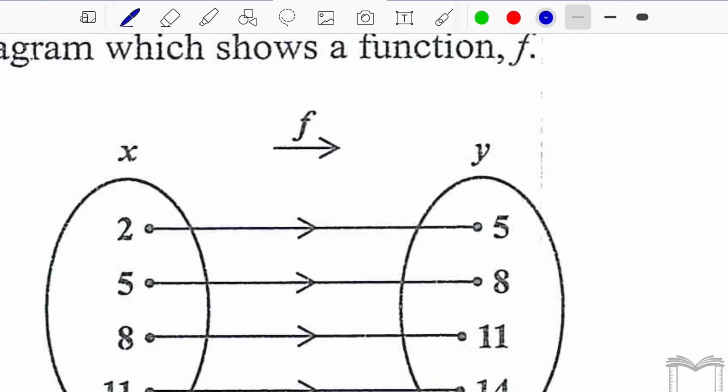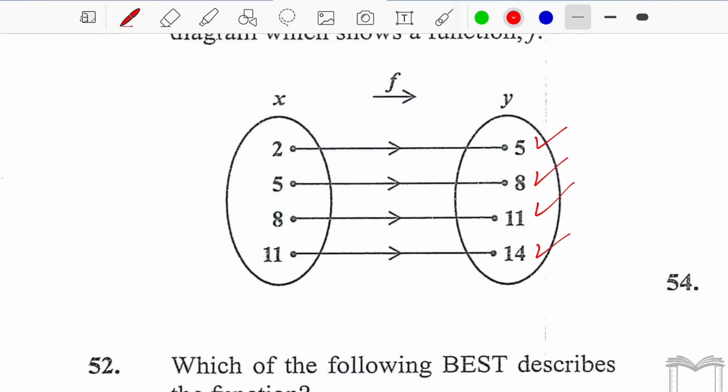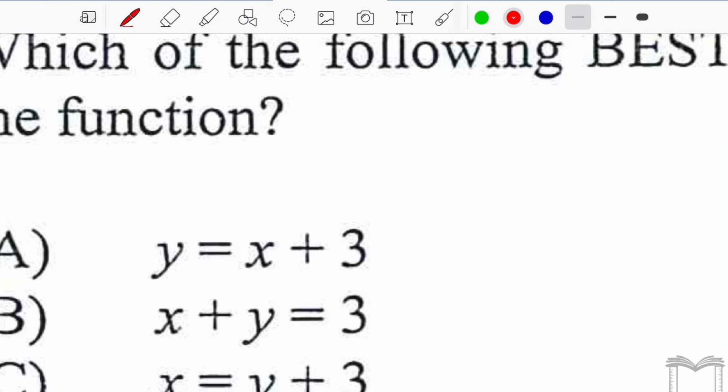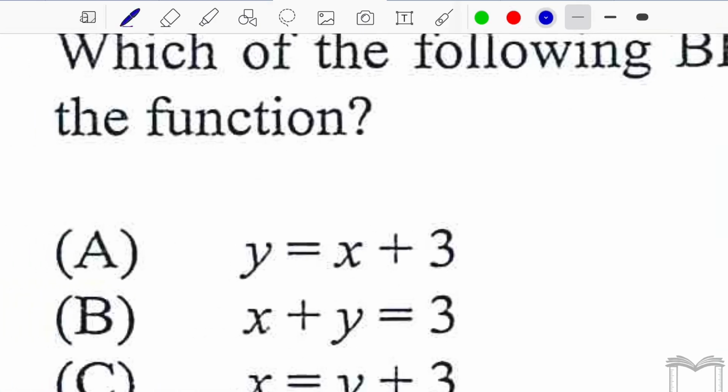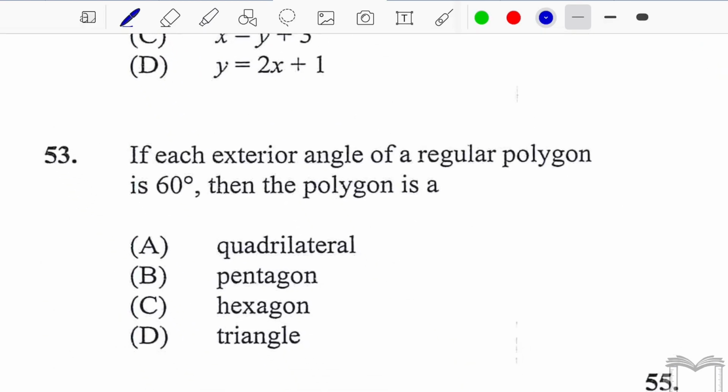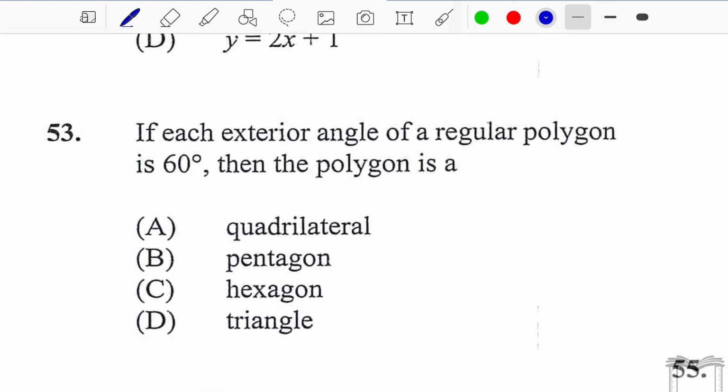Let's see if this is correct. 2 plus 3 is 5. So yes, that is correct. 5 plus 3 is 8. Correct. 8 plus 3 is 11. It's good. And 11 plus 3 is 14. So this is all correct. So this is the correct equation. So A is the answer.